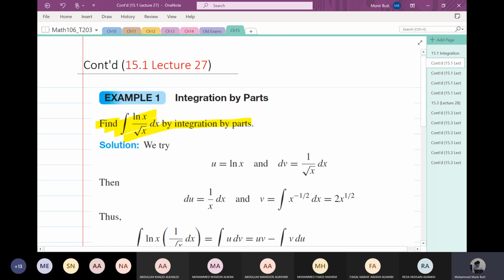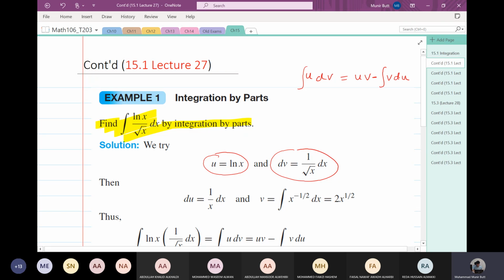So you will try to locate what is your u and what is your dv, because in the last lecture we have seen that the integral of u dv is equal to uv minus the integral of v du.